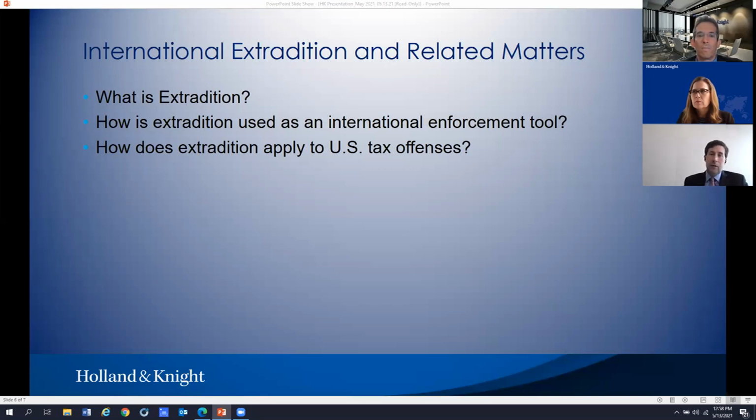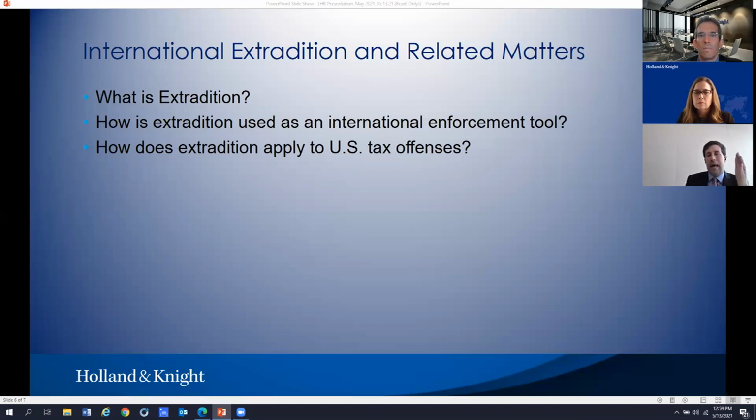But if extradition is successful, and let's put aside the pure tax crime piece, even though I realize that's what we're talking about in a general sense, I think extraditions of people who have tax problems are much more likely to be in this alternate category where it's not a pure tax issue. So then the person comes to the United States and faces their criminal prosecution.